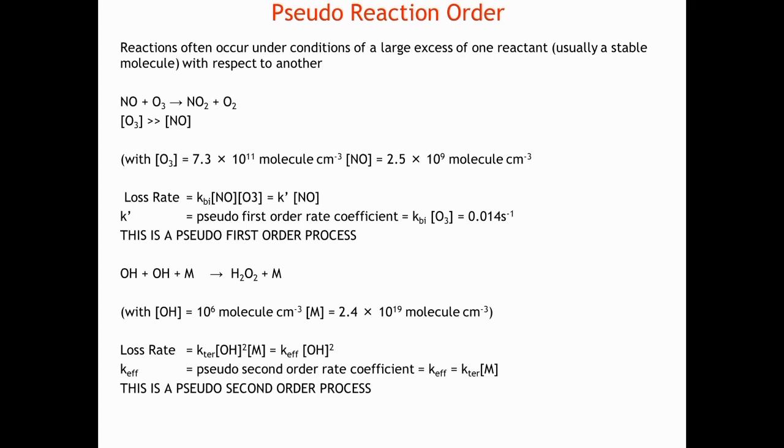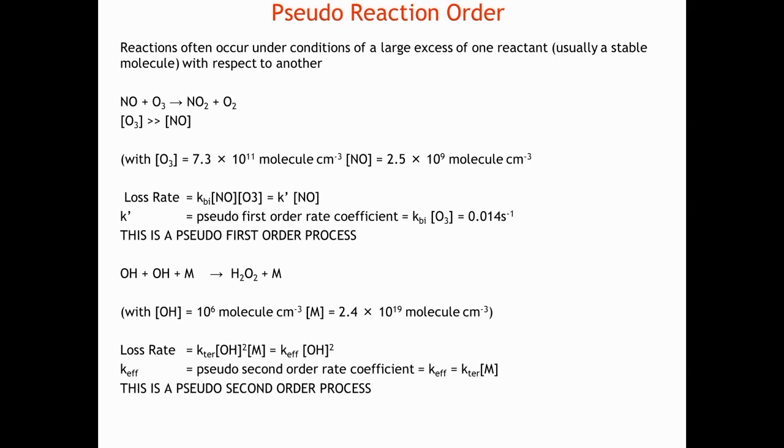So to get to a mixing ratio, you just divide by the number that's in that mixing ratio. Million, divide by a million. So 2.5 times 10 to the 19 divided by a million, divided by a billion, divided by a trillion. And that will give you the concentration.